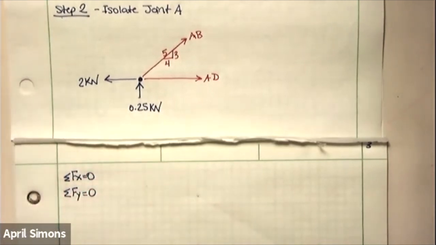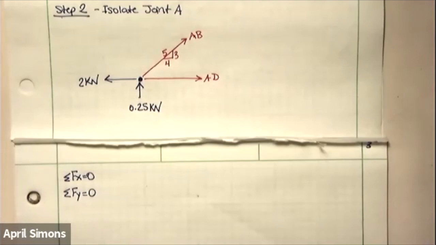Again, we can't take moments because everything intersects at a common point, so there's nothing to take moments about. With these problems, we can apply these in any order, just like when we're looking at free bodies of an overall truss or free bodies of a beam. But again, I like to think about it just a little bit to make it as easy as possible.